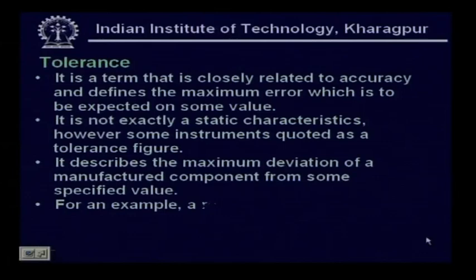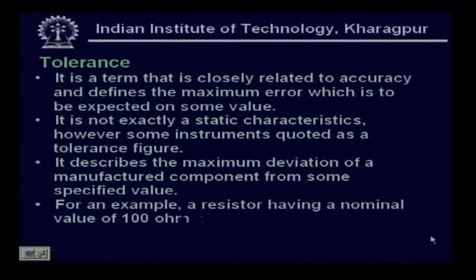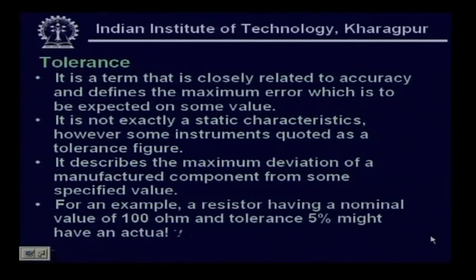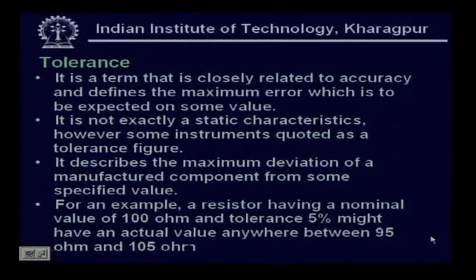For example, a resistor having a nominal value of 100 ohm and a tolerance of 5% might have an actual value anywhere between 95 ohm and 105 ohm. Resistors are available in various tolerances, 1%, 10%, 2%, depending on the need. The tolerance band is important, because not always will you find 0.1% tolerance.